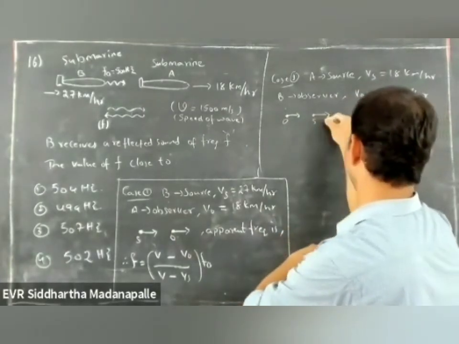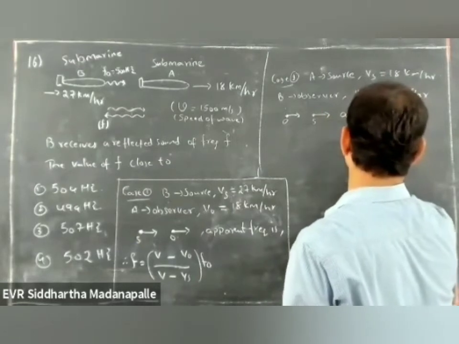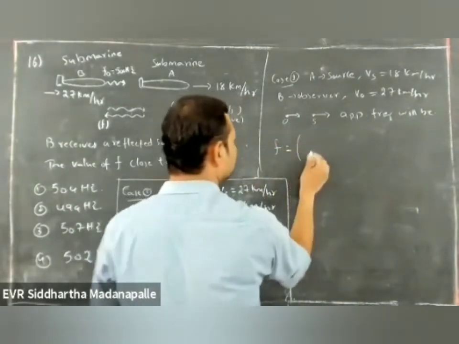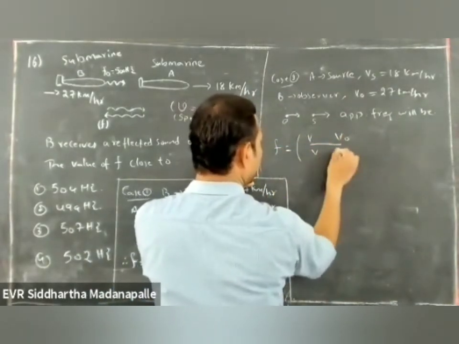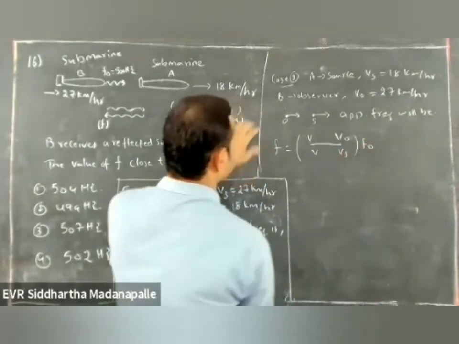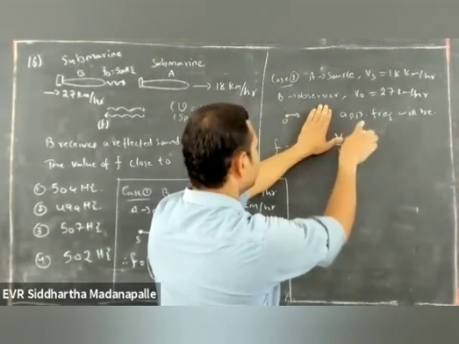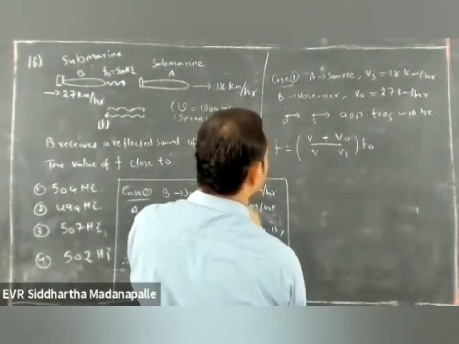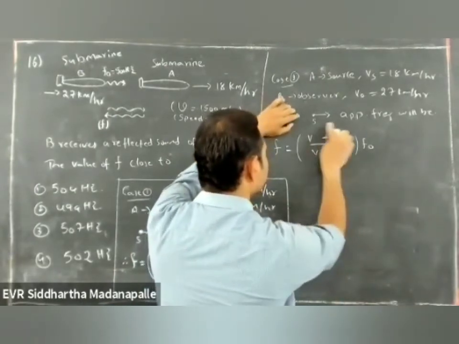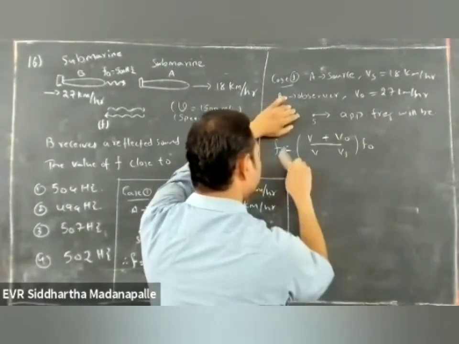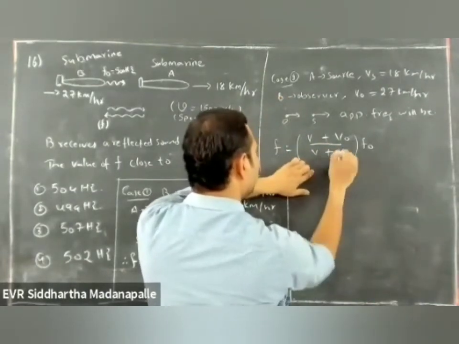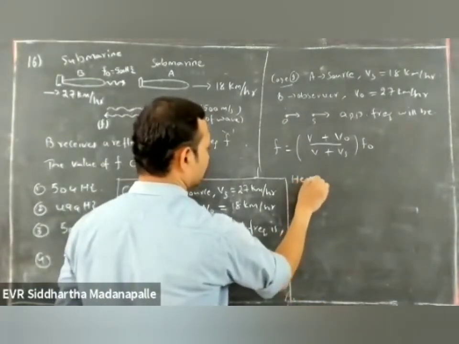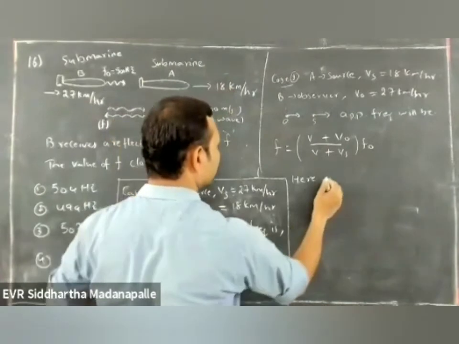The source is moving in this direction. So what will be the apparent frequency? F equals V naught by Vs into F naught. The source is constant, the observer is moving towards the source, so frequency increases, so plus. Now Vs plus or minus: the source is moving away, so frequency decreases, and the denominator value increases, so plus.